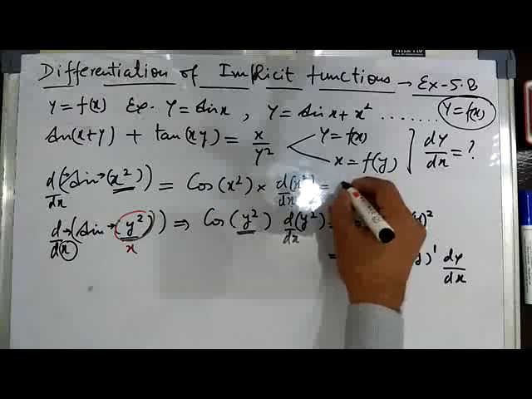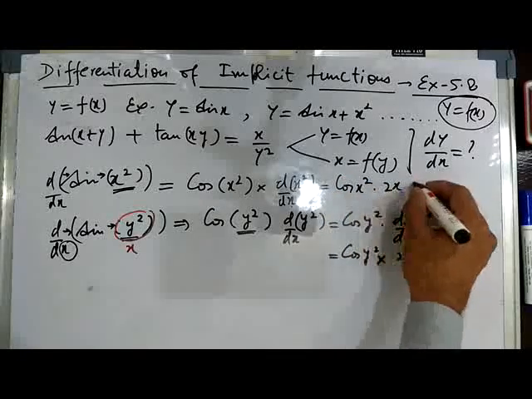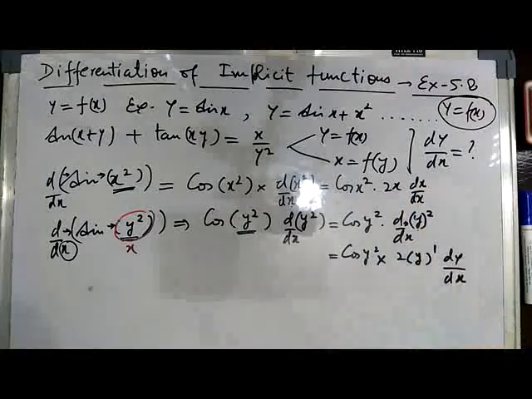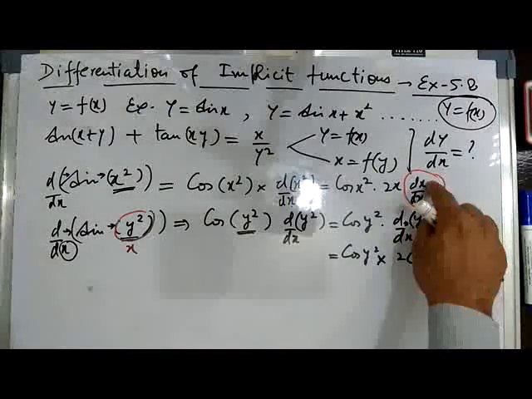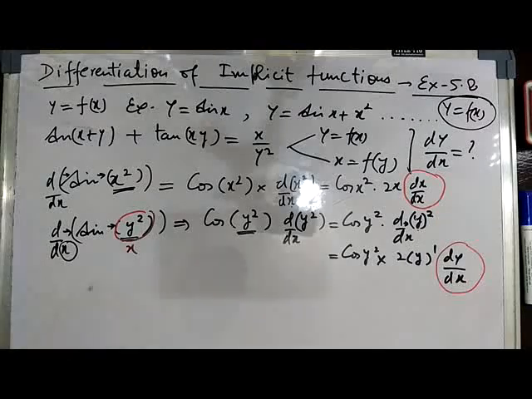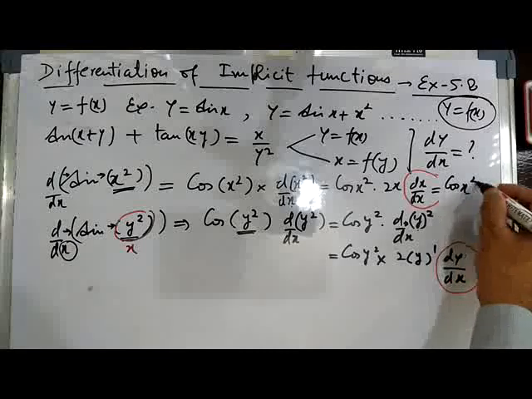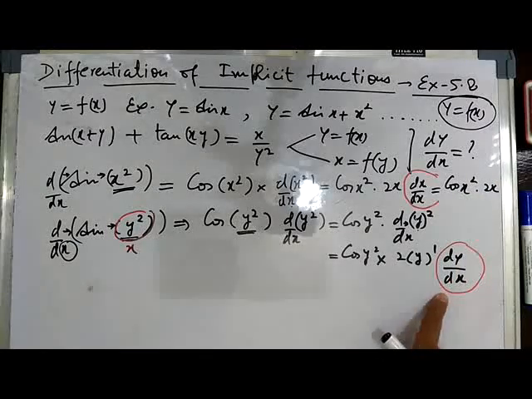So here it is nothing but cos x square with 2x and d dx of x. To see the difference between these two things, since the differential of x with respect to x is 1, that's why you see this in the end: cos x square into 2x, but here you get this as an end element of this step.